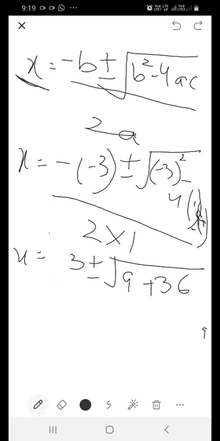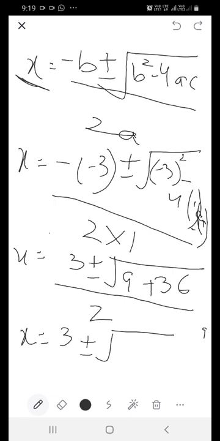Minus minus will become plus, 3 plus minus under root this upon 2. Now this will become x is equal to 3 plus minus, after adding it will become under root 45 upon 2.